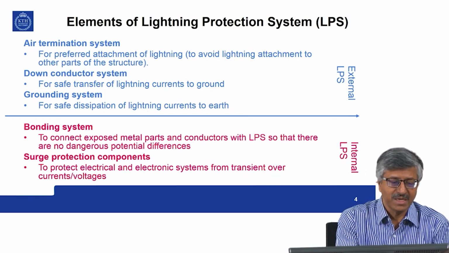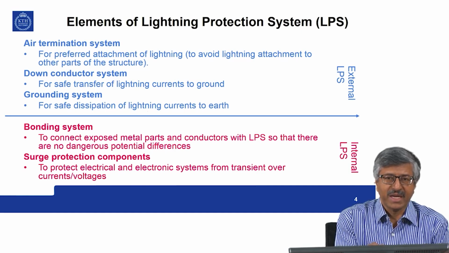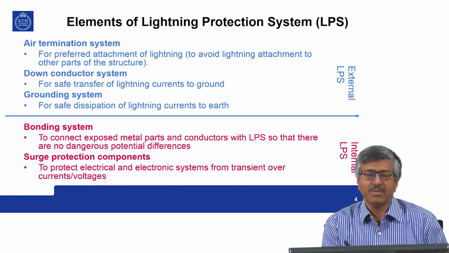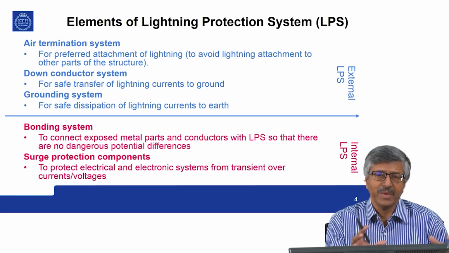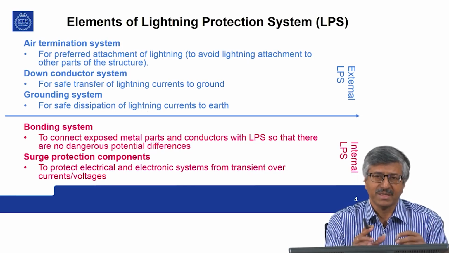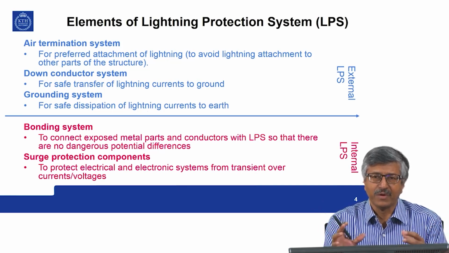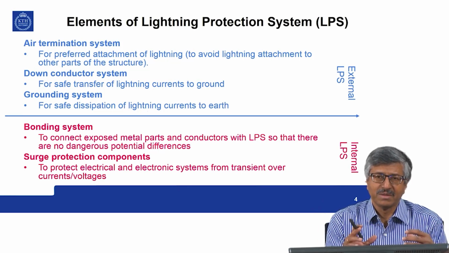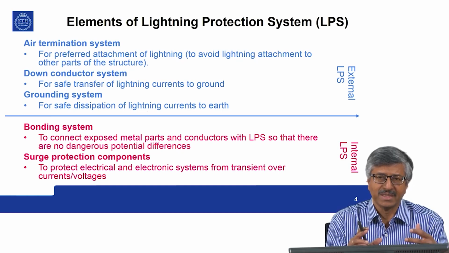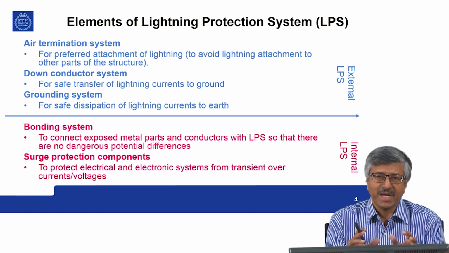One big danger during a lightning strike is that maybe some of the equipment or some metal parts like railings of a lift or other kind of things may have lightning currents coming into them, but other parts may not.